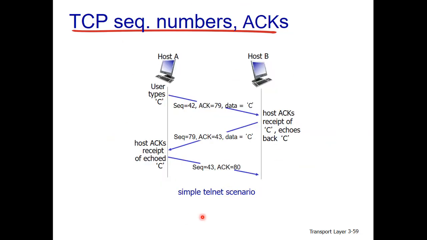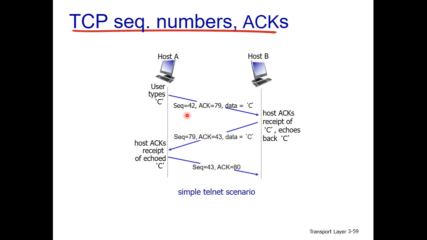So let's try to understand this. This is host A and host B, which have already established a TCP connection. Host A types C and sends that C to host B, and host B is also sending back what it received. We are going to look into the sequence number, acknowledgement number, and the data.